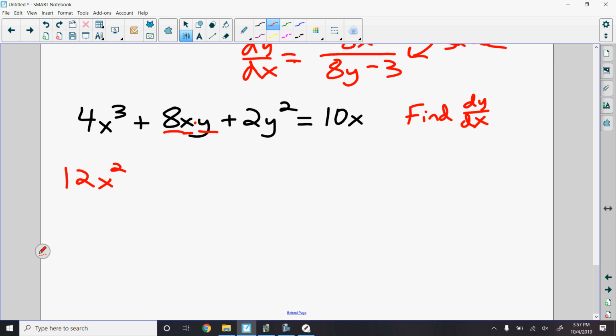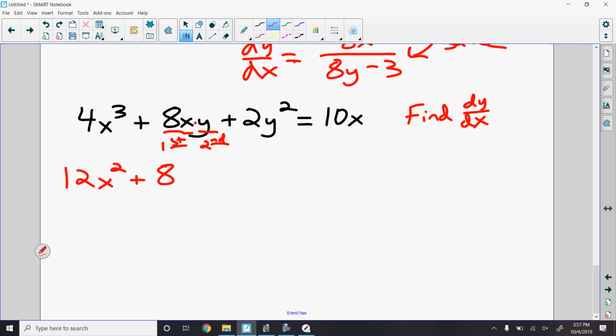Now I have to do the derivative of the product of 8x and y. So the product rule says I do the derivative of the first. Again, 8x is my first term, y is my second. So the derivative of the first is 8. I do not need a dy dx because I did the derivative of x.